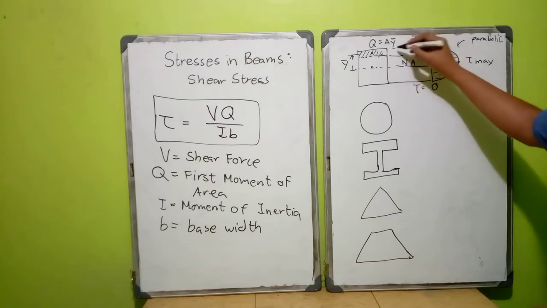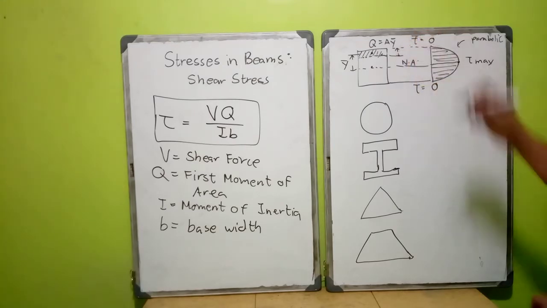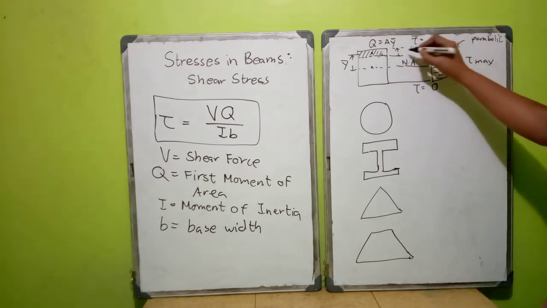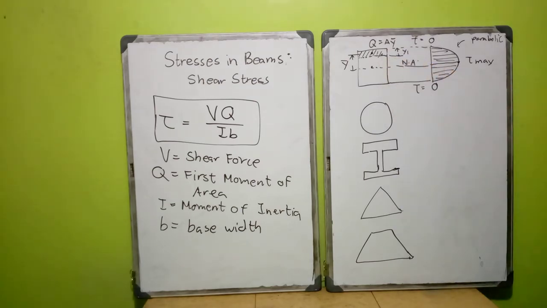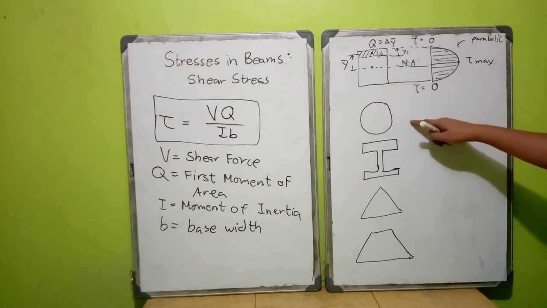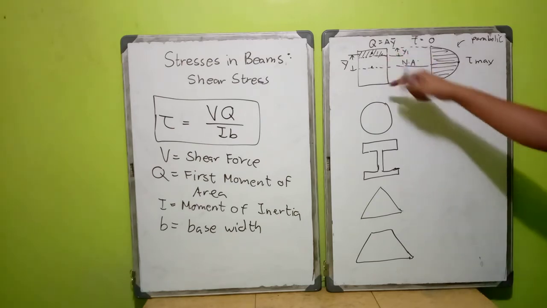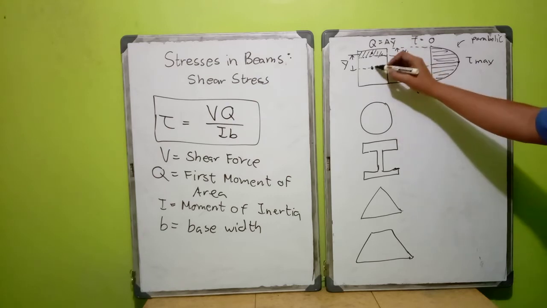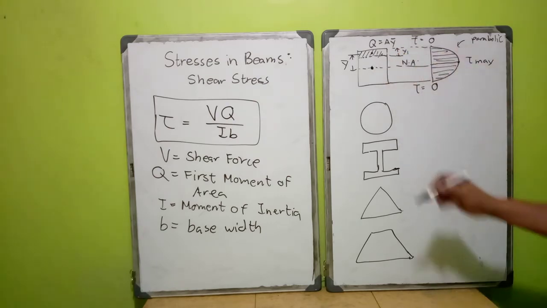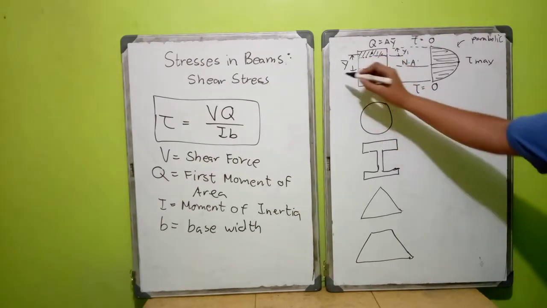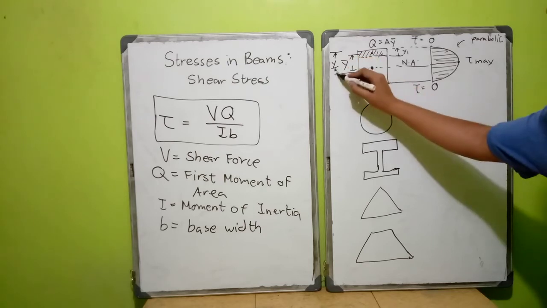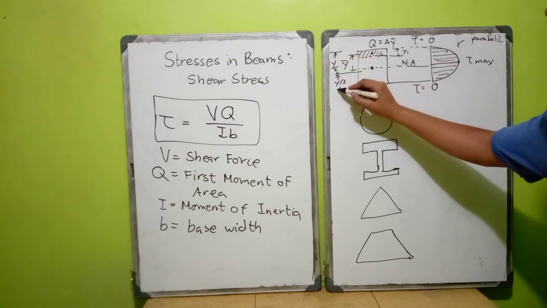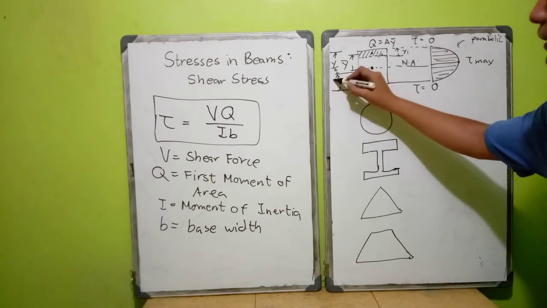Let us say a point A, let us say y sub 1 from the neutral axis. And more likely, its centroid is located at the mid height. Let this be H.